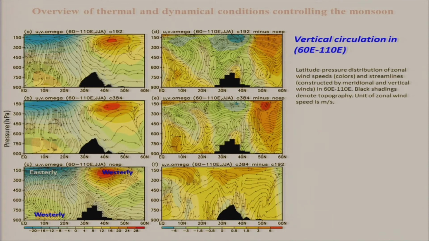In the 50 kilometer horizontal resolution, some model bias can be improved, but the improvement does not occur everywhere. You can see some improvement, particularly over the South Asia monsoon area as well as the Tibetan Plateau.